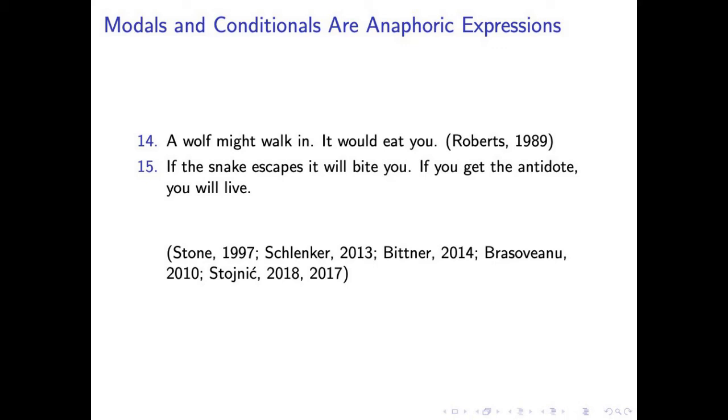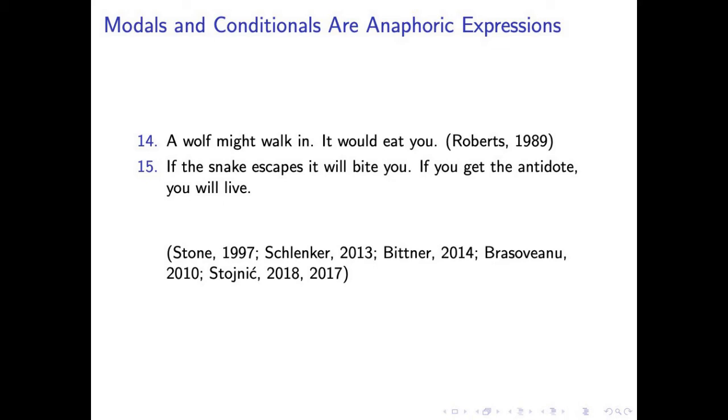If the snake escapes, it will bite you. If you get the antidote, you will live. Now, again, the observation is that you get a restricted reading in the second conditional: if you get the antidote, given that the snake escapes and bites you, then you will live. Not the unrestricted one: if you get the antidote, then you will die, unless the snake bites you.